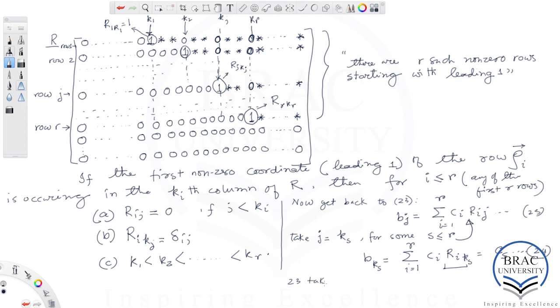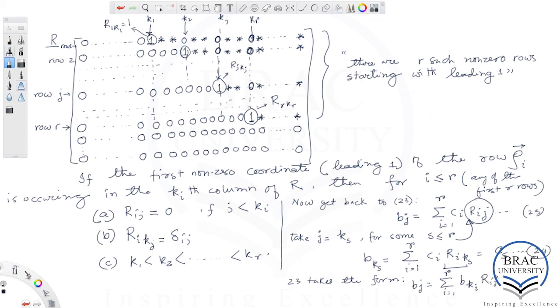Bj is equal to the sum over all i's, and since C sub s is B sub K sub s, then Ci is B sub Ki, and what we have here is Rij.